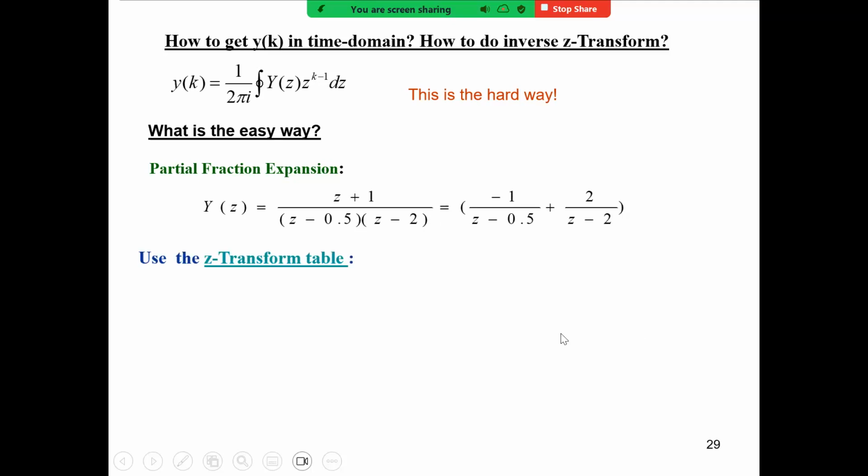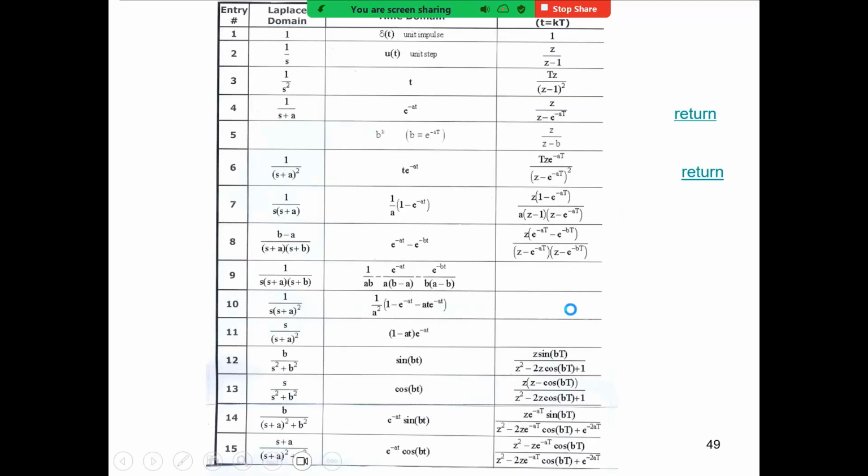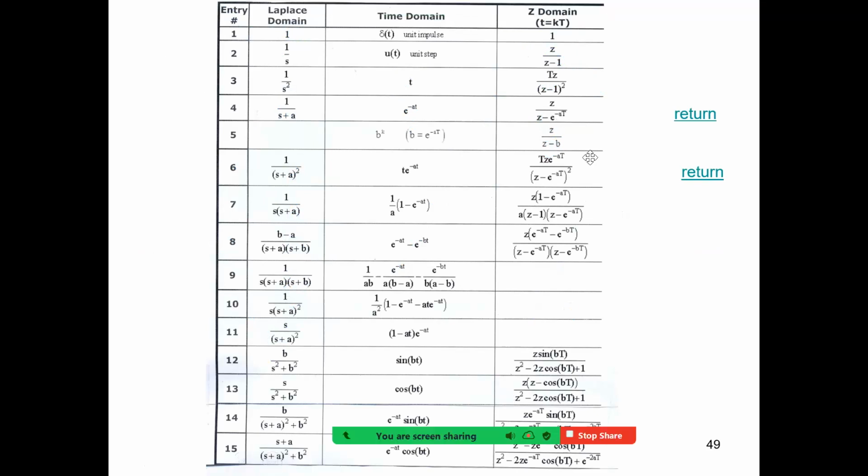But then let's try to use the Z transform table. Okay, I have a table here. This table on the left side has the corresponding Laplace transform. On the right side is the Z transform. This is a constant, right? Or let's look at here.